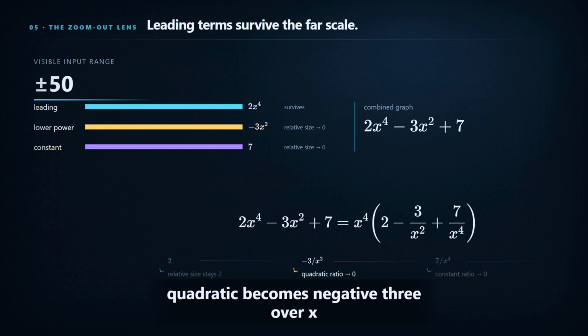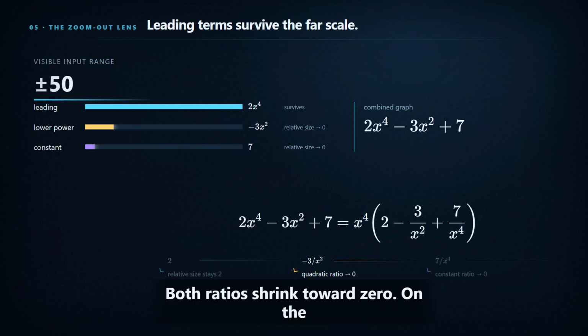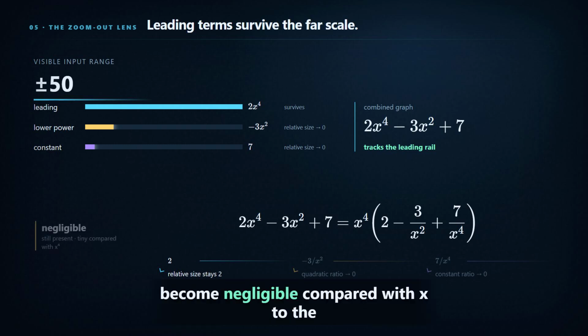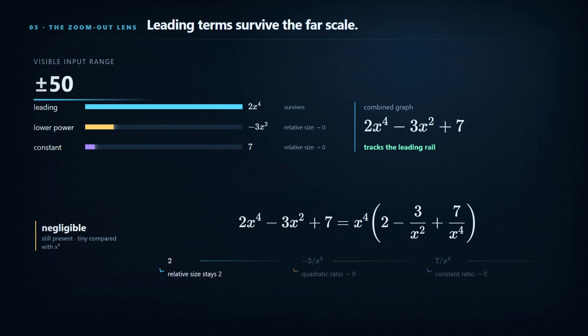The quadratic becomes -3 over x squared. Both ratios shrink towards 0. On the far scale, only the leading term keeps its relative size. The lower power terms have not vanished. They have become negligible compared with x to the 4th.